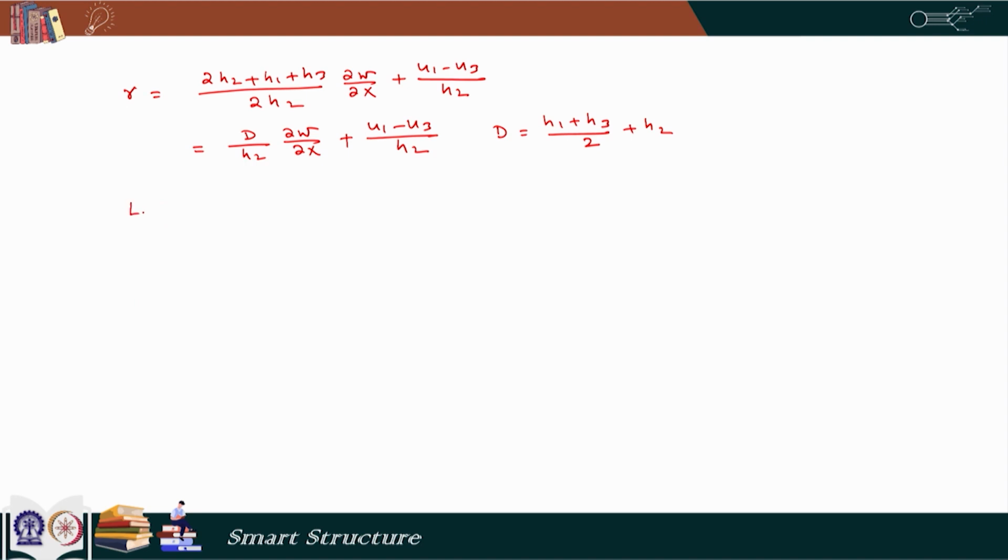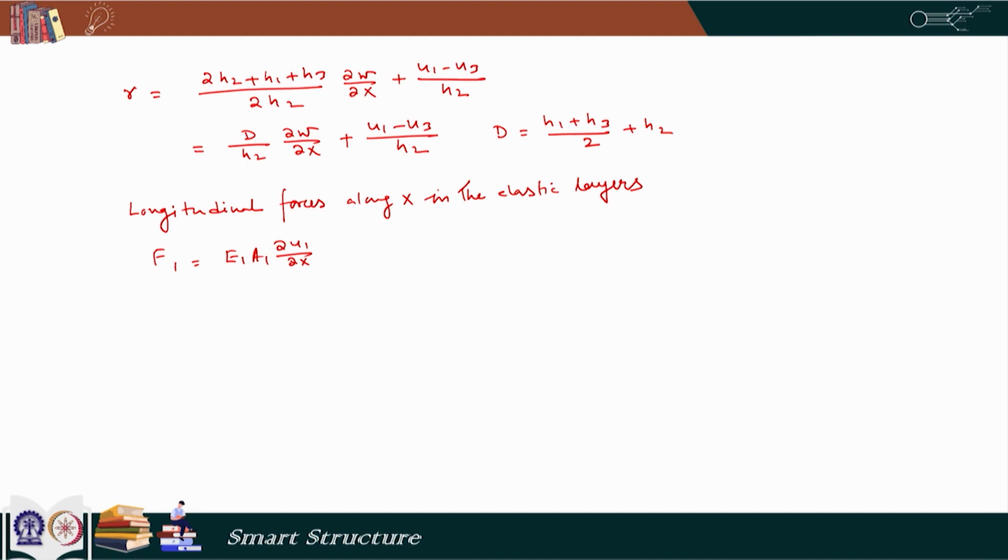So, for that we can write the longitudinal forces along x in the elastic layers, and those are F1 equal to E1 A1 del u by del x, because we know del u by del x is strain.